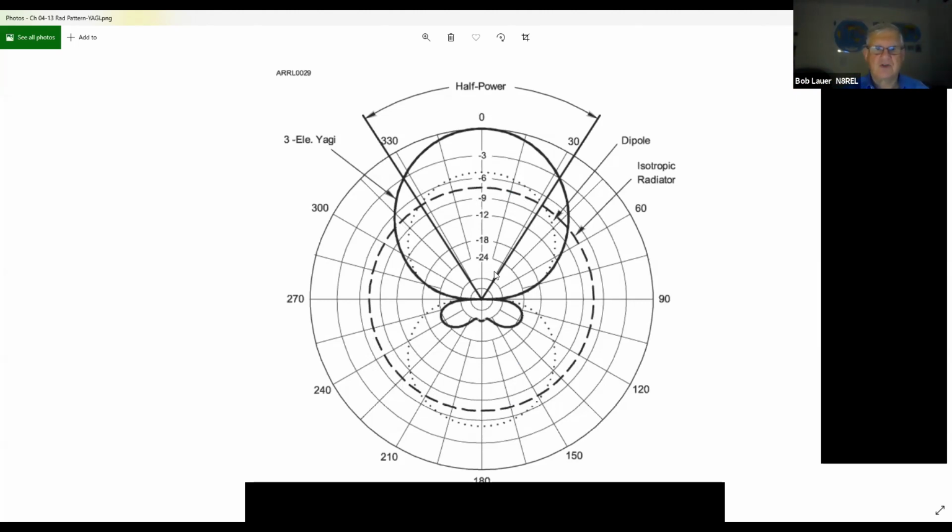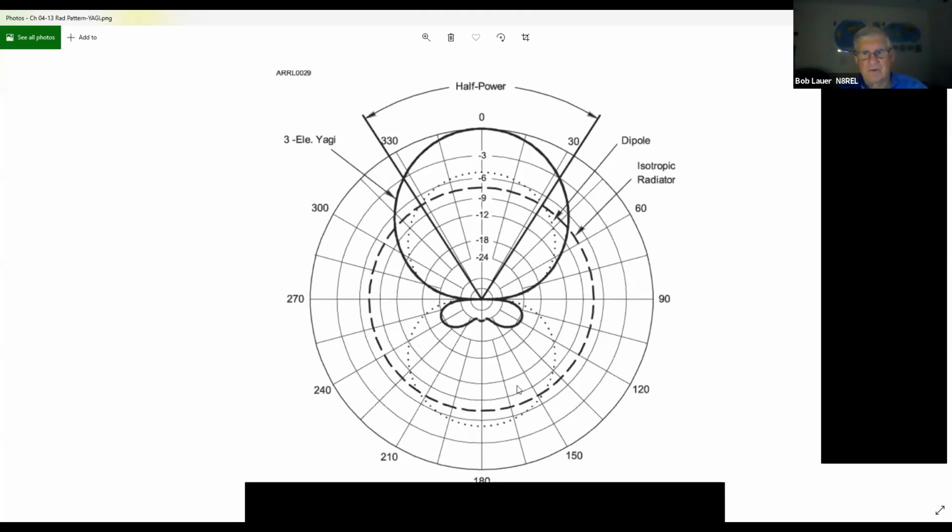Let's say the top here is north. In the southerly direction, you're getting very little. So you got to decrease. But in the northerly direction, if that's where you want to go, with a directional antenna, you have gain over what you would get with an omnidirectional antenna.